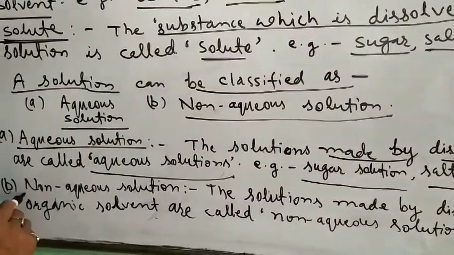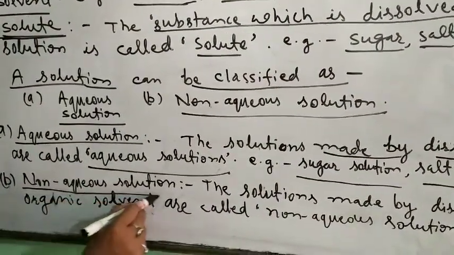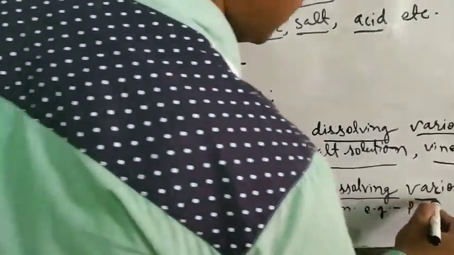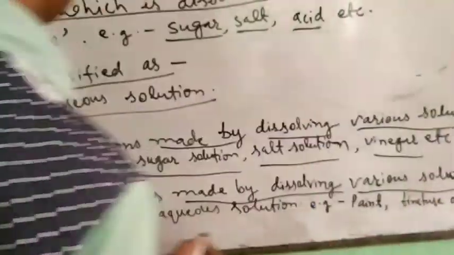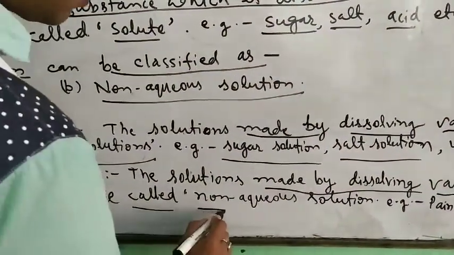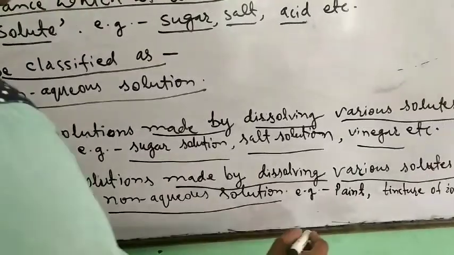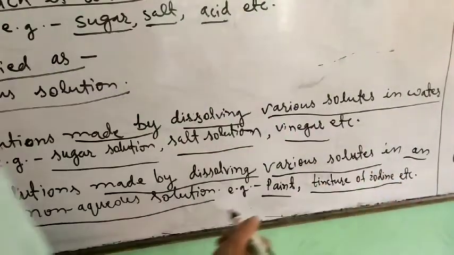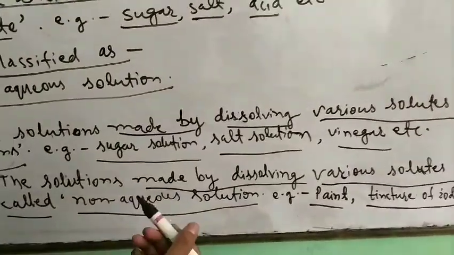On the other hand, non-aqueous solutions are the solutions made by dissolving various solutes in an organic solvent. For example, paint, tincture of iodine, etc. are the examples of non-aqueous solutions.